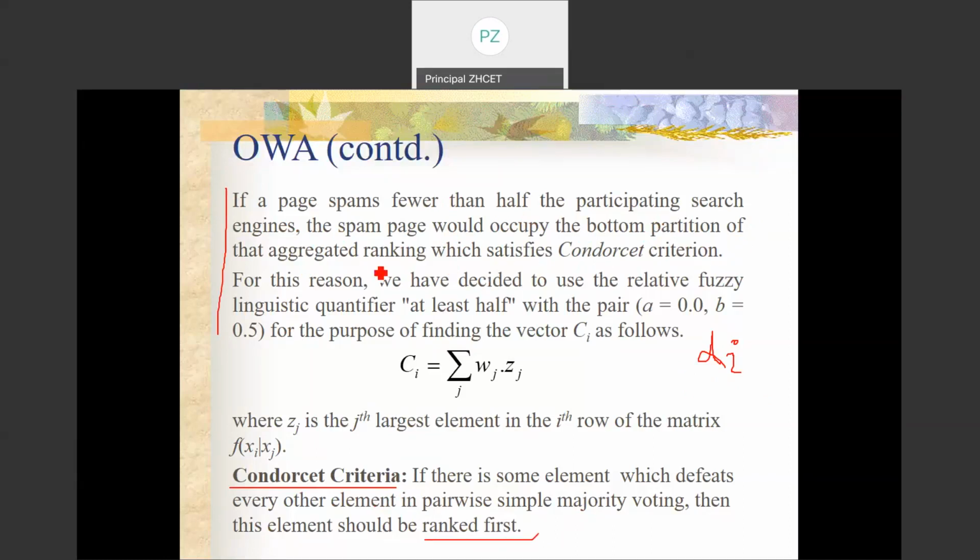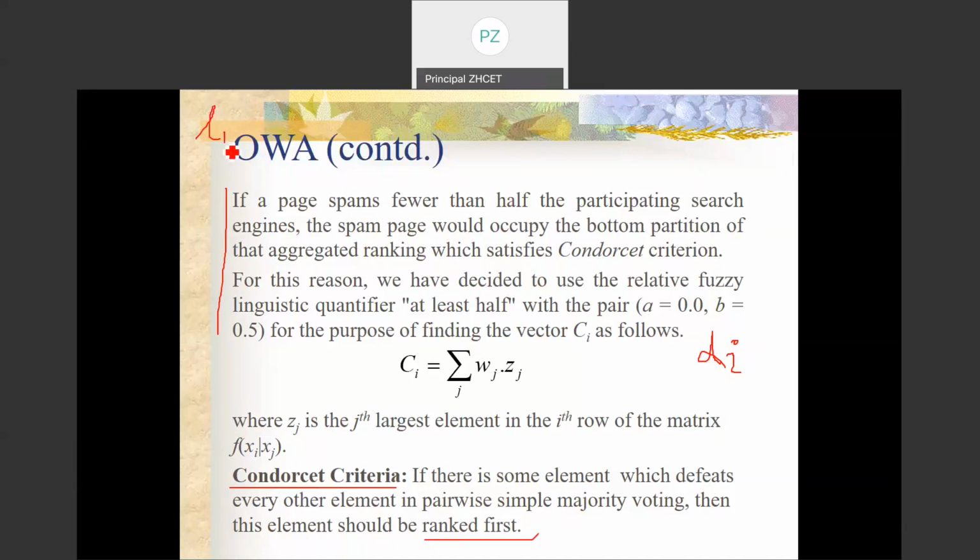If we have any rank aggregation method which satisfies Condorcet criteria, then it will be ensured that if a page is spamming fewer than half the participating search engines, suppose there are 5 lists to be aggregated, and the spam page is able to influence just 2 of them, then such a page would definitely come in the lower half in the aggregated list L, right?